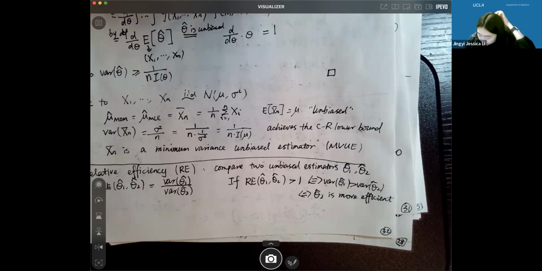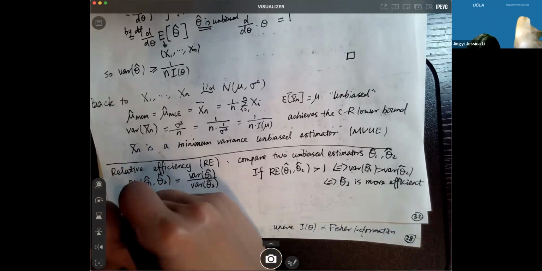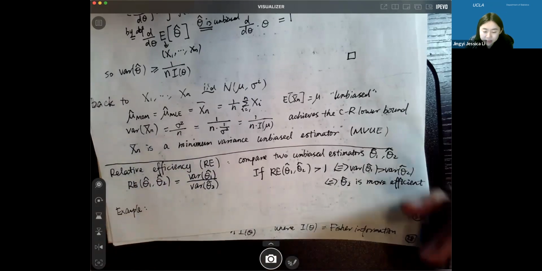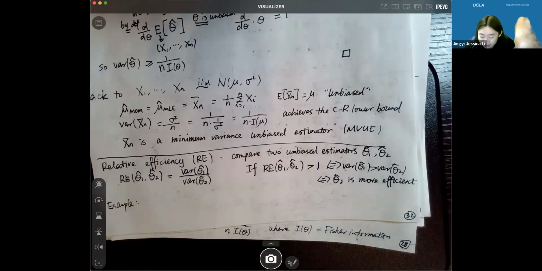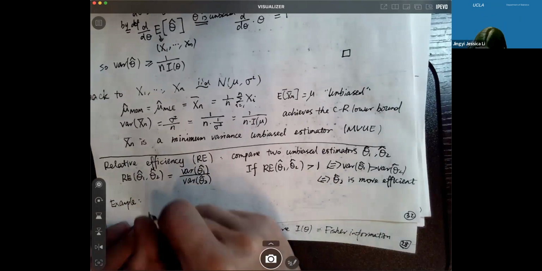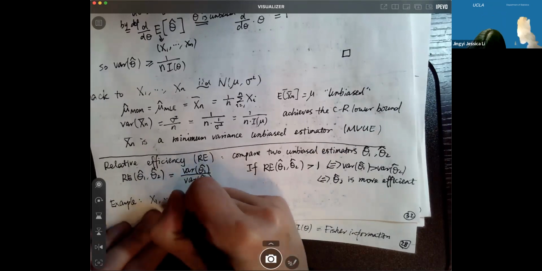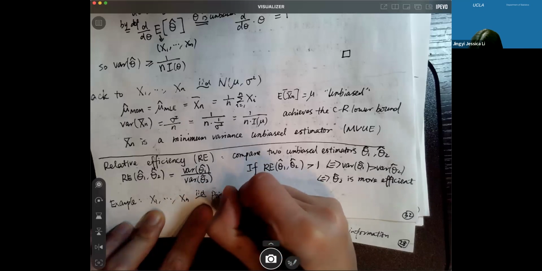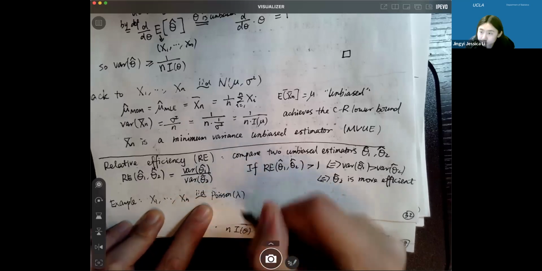All right, so finally, let me just give you this example before we conclude. So I'm going to leave you this, so you can do this after the class, just as a take-home exercise. And we'll get back to this next time. So let's say that we have n IID samples from a Poisson distribution.